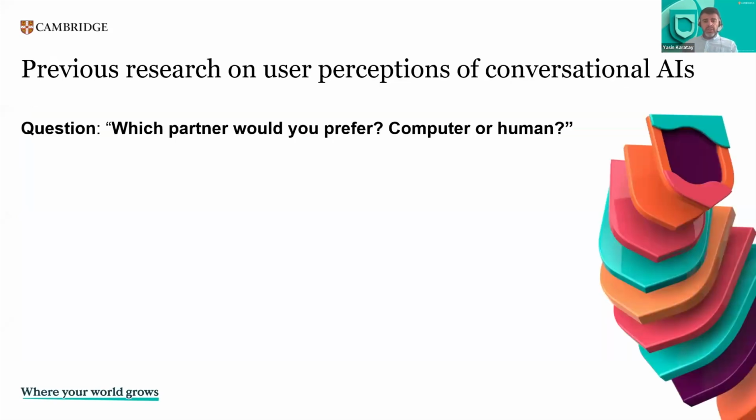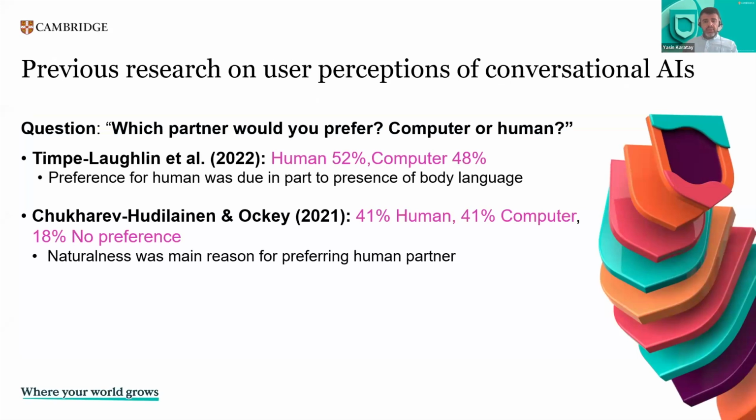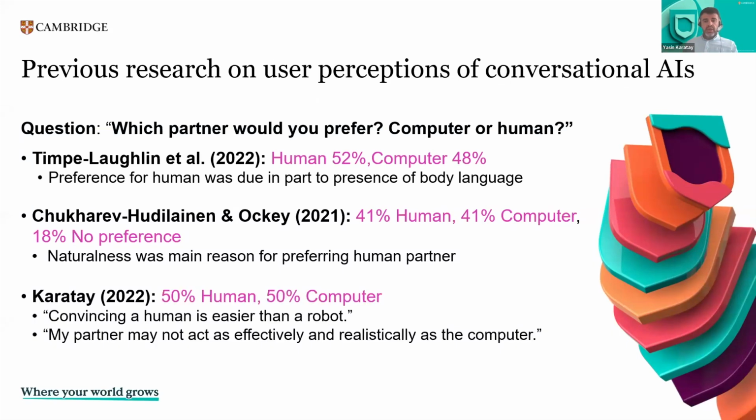So the question is, how would you, as a language learner, feel about talking to a computer? Would you prefer a computer or a human? Several researchers asked this question, and it appears that the preferences are split, with half of the people preferring a computer and half preferring a human partner, each for different reasons.